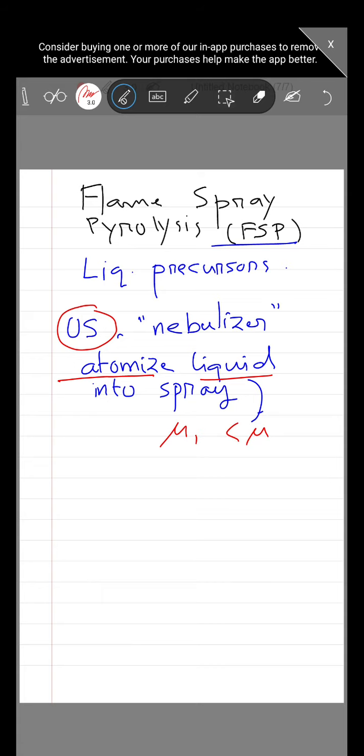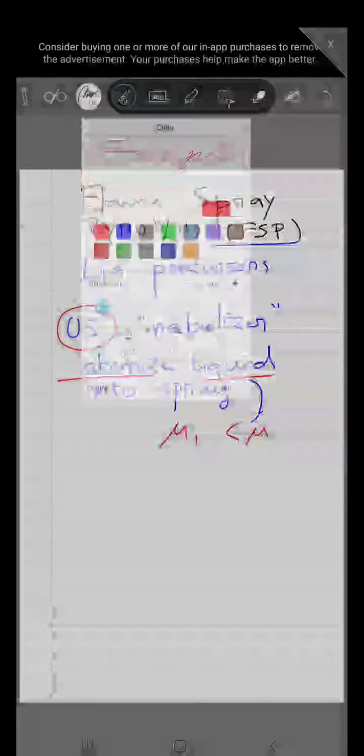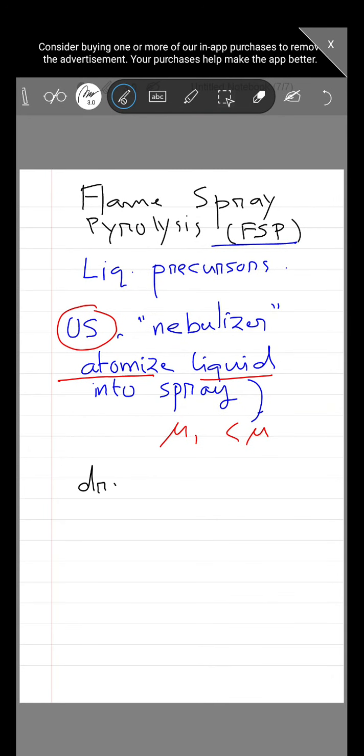Now these droplets are then fed into an oxidizing stable and premixed burner. So there is an oxidation taking place, and they are then used to form the propane flame that we have talked previously, this oxypropane flame.